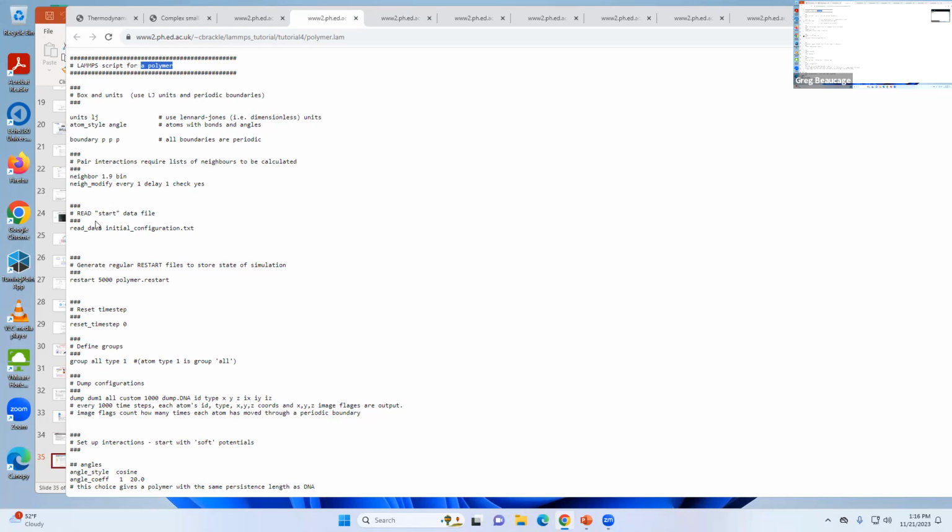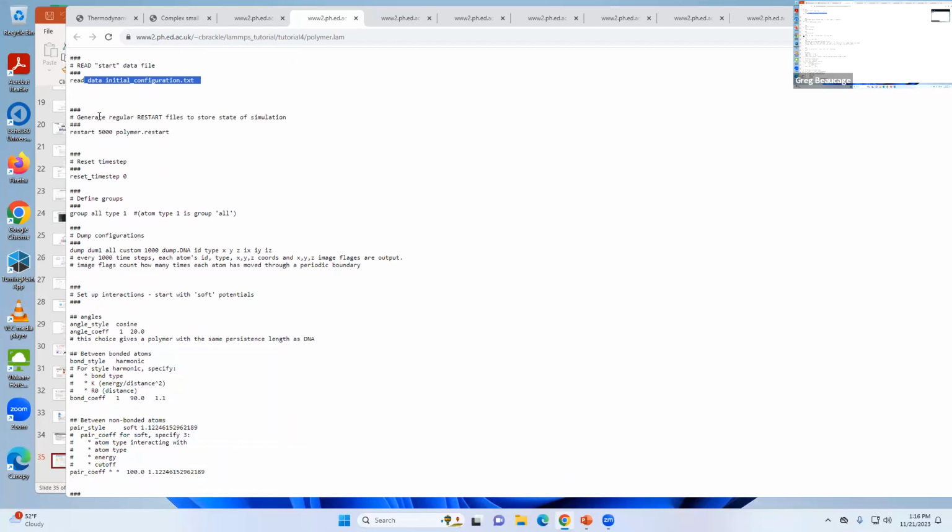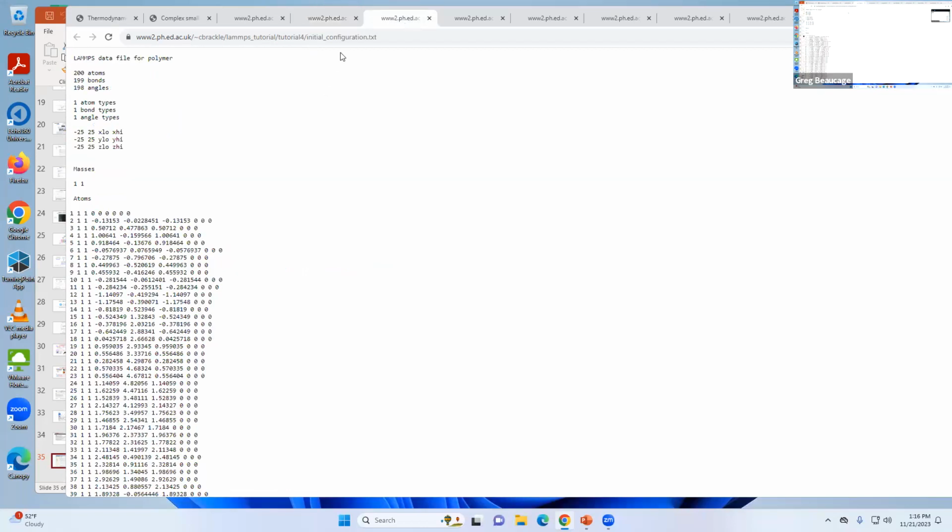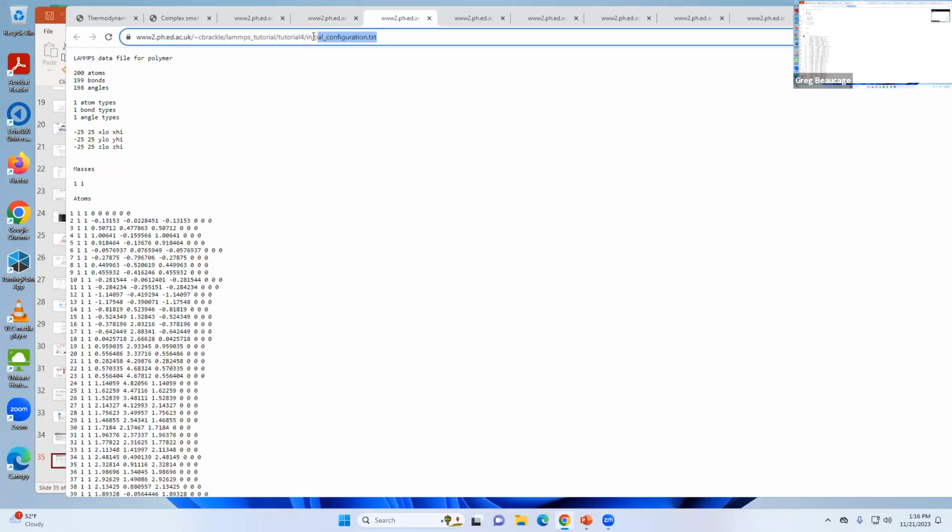You have to name your data file exactly as written, initial configuration text. If you don't put text at the end, it won't read it.